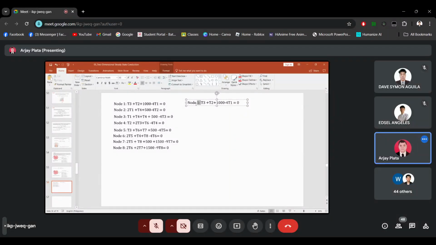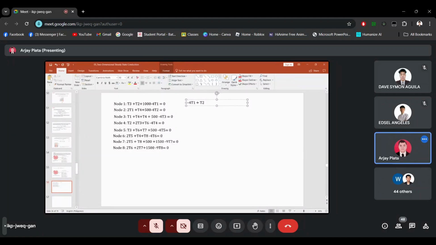First equation: we have here 41 negative, so we have to rearrange it in accordance with the node. So we have negative 41 plus T2.